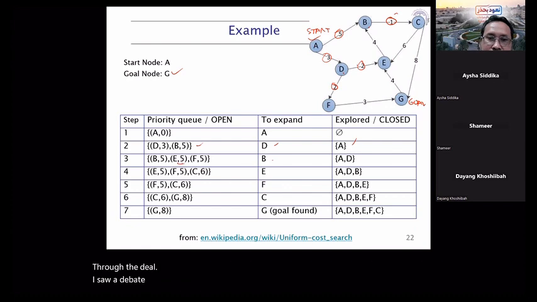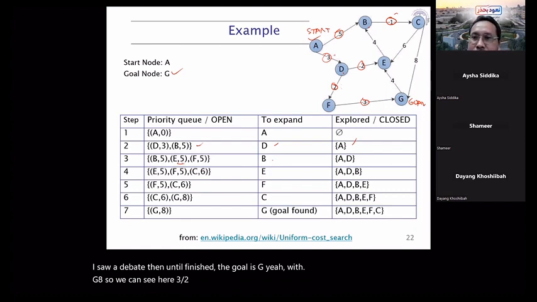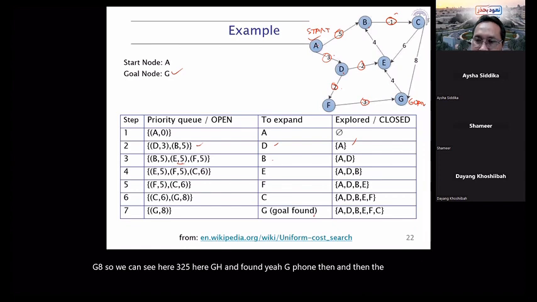The goal is G, with cost 8, so we can see here 3, 2, 5, G found, and then the others are closed: A, D, B, E, F, and C. The goal is found here, G.